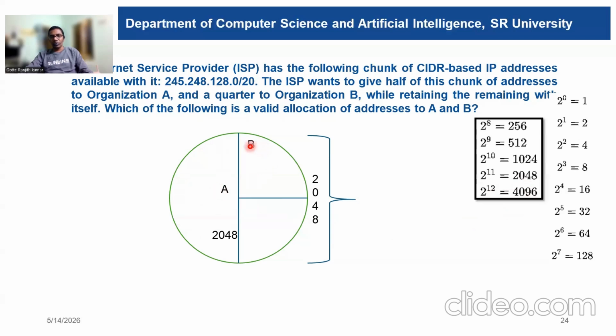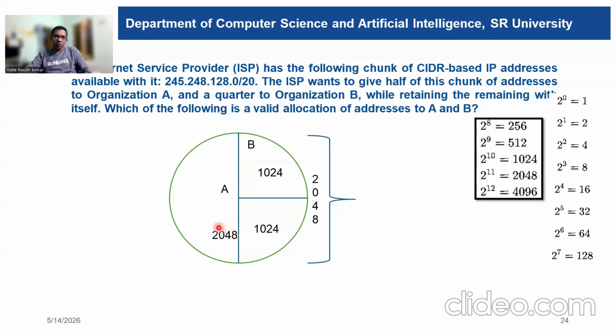Okay. So similarly, the remaining side is also 2 power 11. Okay. Now this 2048 divided into two parts. That is 1024. This is 1024 and this is 1024.